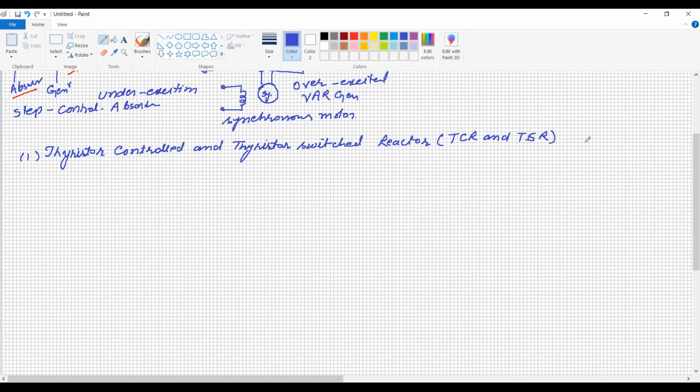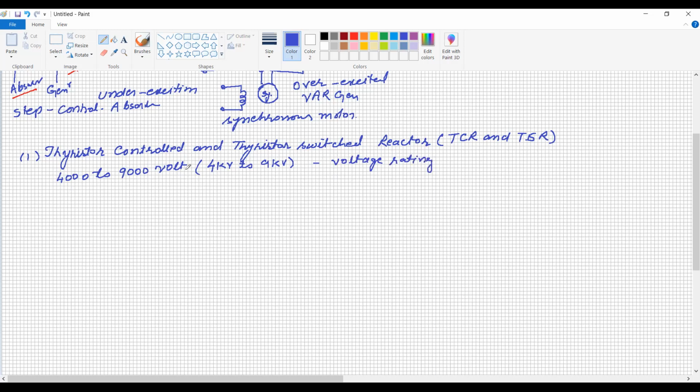These thyristor valves are available in a voltage rating of 4 kV to 9 kV.